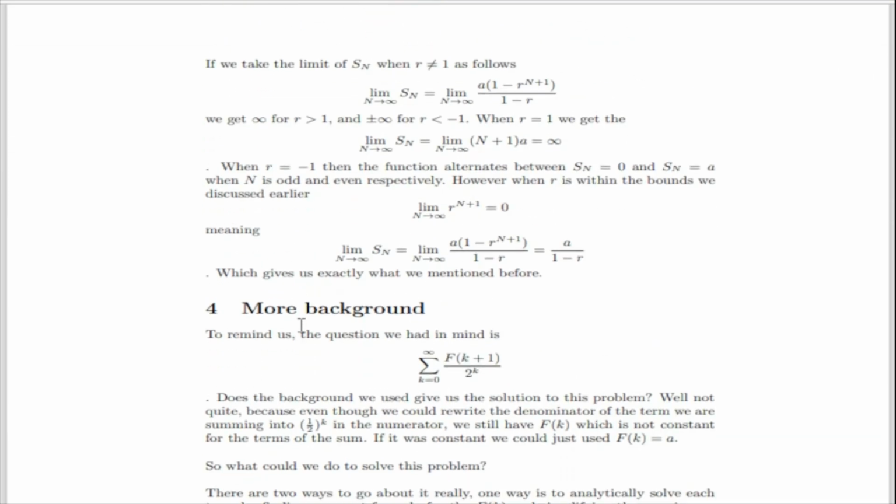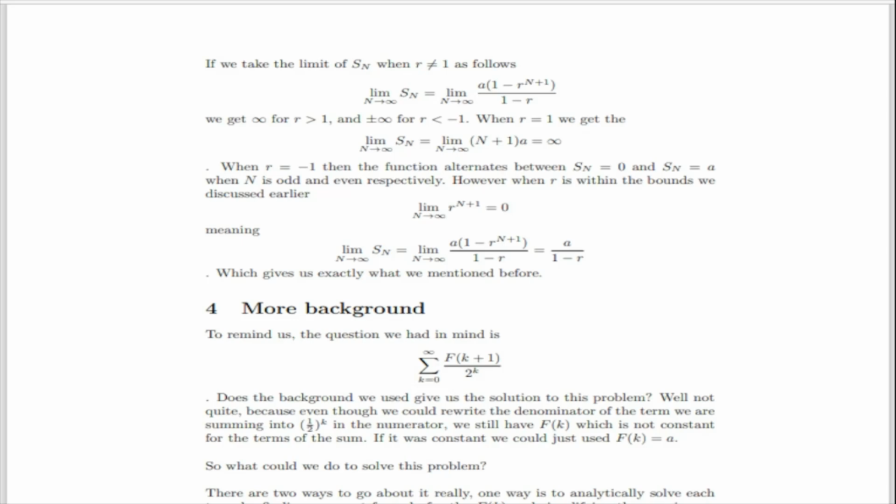So if we take the limit of S of n when r does not equal 1 as n approaches infinity, we get infinity for r greater than 1, because 1 minus some number greater than 1 is a negative number, and 1 minus some number way bigger than 1 gives you 1 minus infinity, times a, which is negative infinity, over a negative number, which gives you infinity.